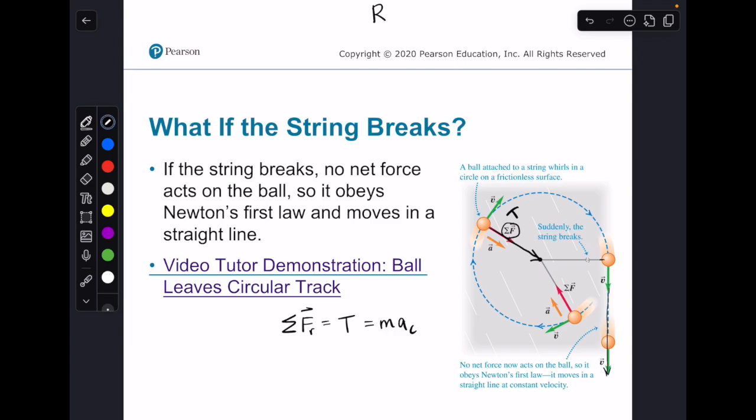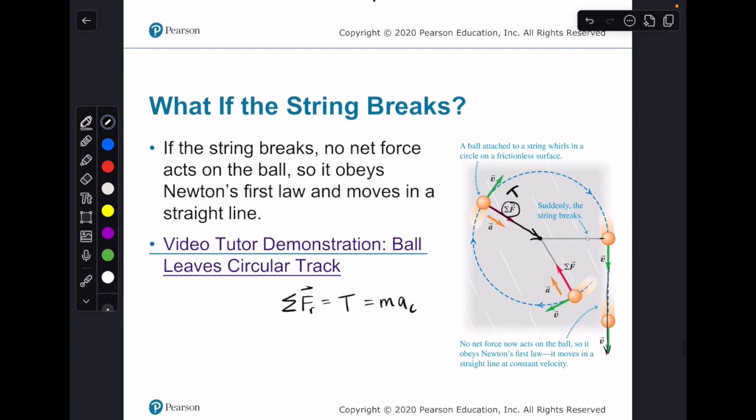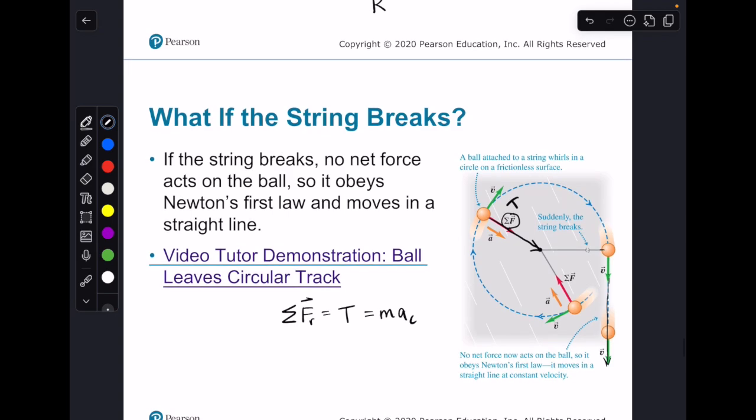And so I bring this up because when we look at objects moving in circular motion, we're going to need to identify the force that's responsible for keeping that object on its circular path, such as the tension, or we're going to see shortly here, a friction.